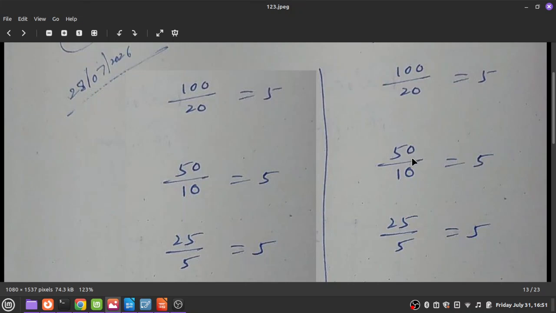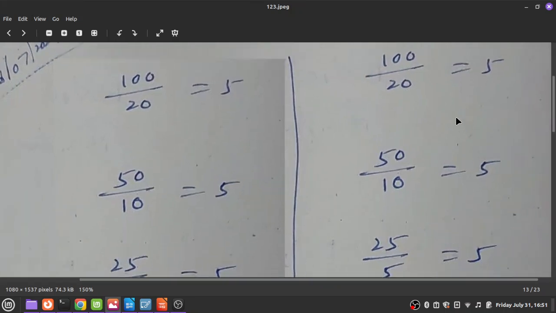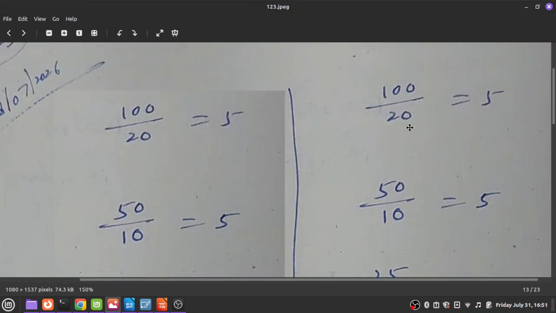Or you can go in the reverse way. When 50 is multiplied by 2, it becomes 100. When 10 is multiplied by 2, it becomes 20. Then also 100 by 20 is equal to 5. In other words, when the numerator and the denominator of the ratio are divided by the same number, the ratio is constant.